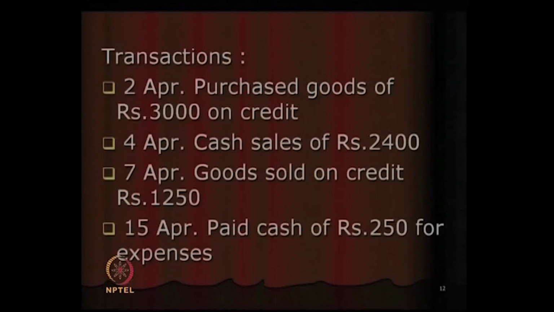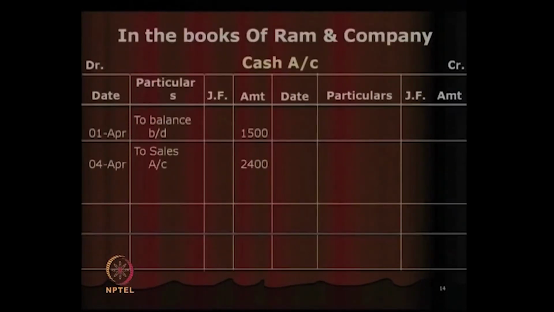Going back, you can see on 4th April there was cash sale of 2400. So on 4th April we recorded to sales account 2400. I had told you that on debit side usually we start the entry by saying to. So like this, here it is to balance brought down and then to sales account 2400.